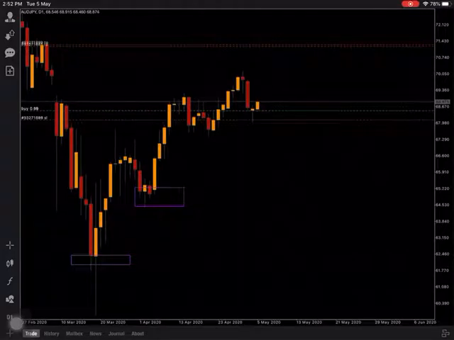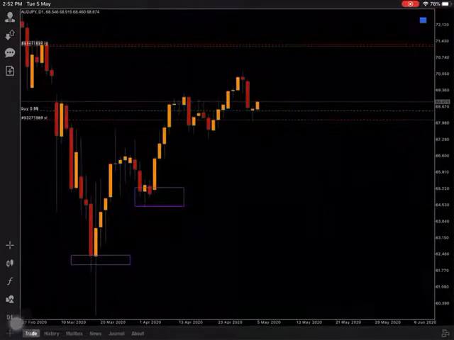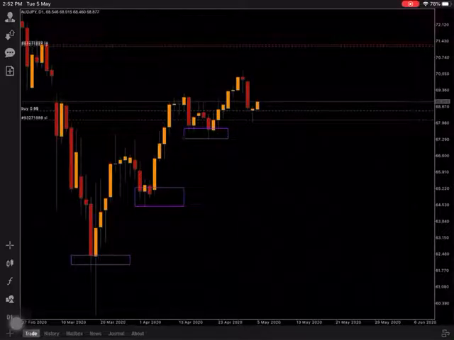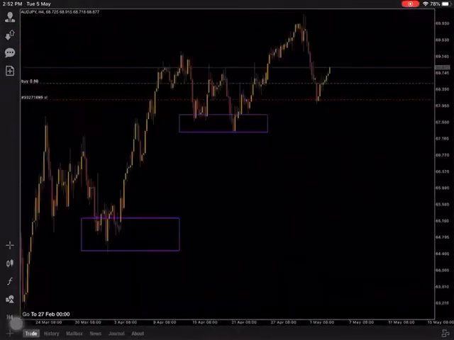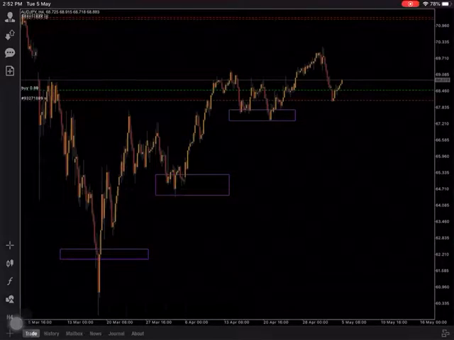There isn't any downtrend now. Price is pushing up, and at this point where price dropped down and pushed up, there is a support. No support has been broken so far. So why look for a sell? If you look at this market, it just keeps on going up and up.